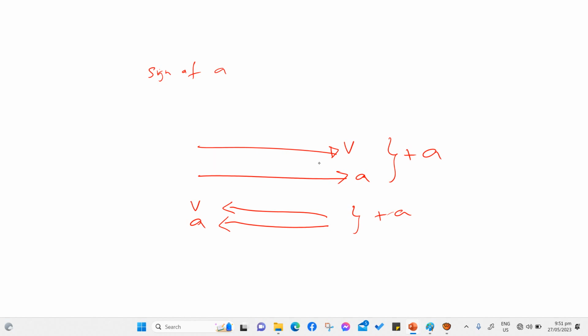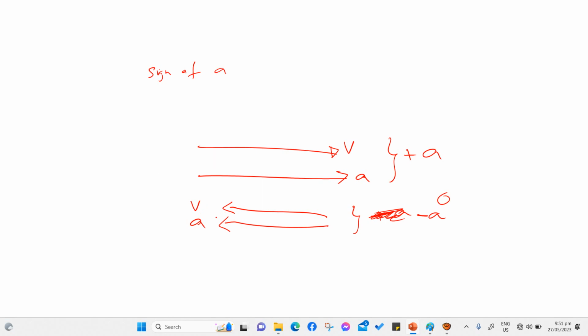If we're going to use this in the formula, both of these are actually negative, considering the direction.